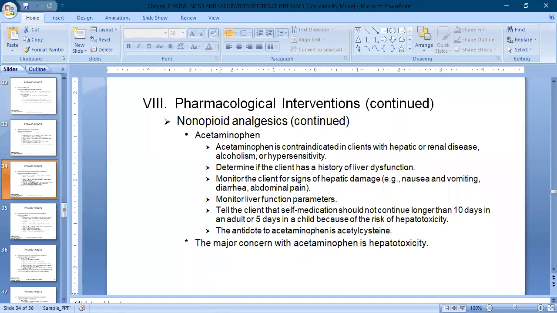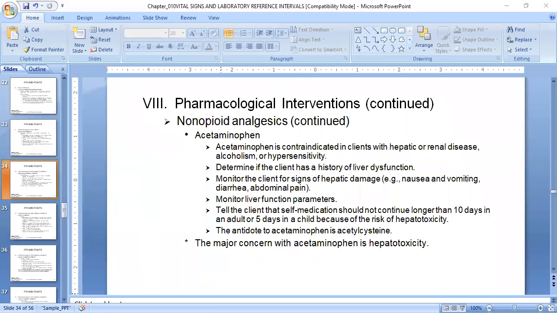This is the liver enzyme, and the liver enzyme is the marker of liver function. The liver parameters are like bilirubin level, alkaline phosphatase, ALT or AST.